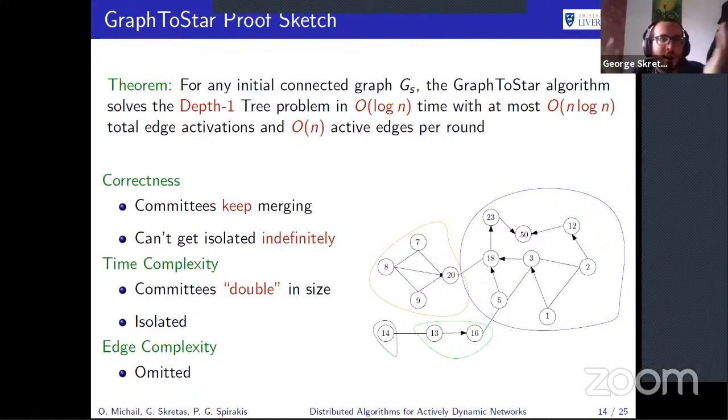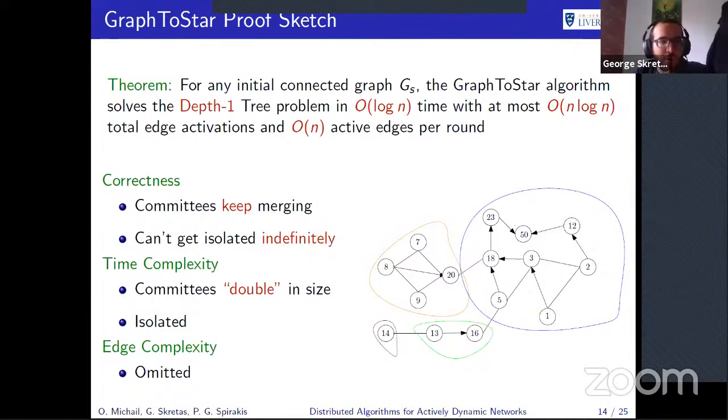I'm not going to go into detail about the proof because I don't have much time, but I have a proof sketch here. We say that for any initial connected graph, the graph to star algorithm solves the depth 1 tree problem. That means that we have one final committee that is a star. My proof sketch says that committees keep selecting neighbors or get selected by other neighbors, so they keep merging as phases go on.